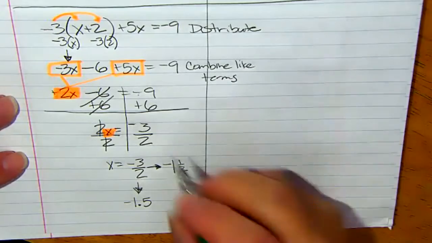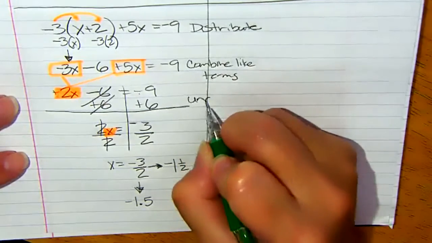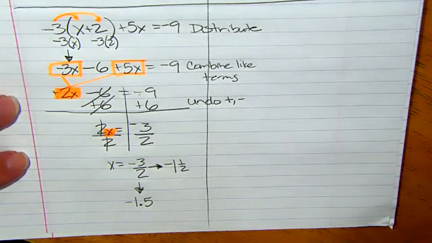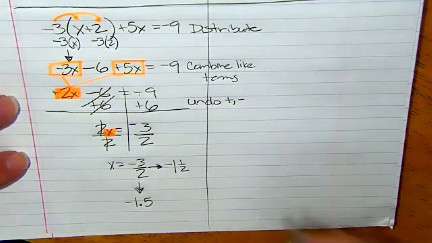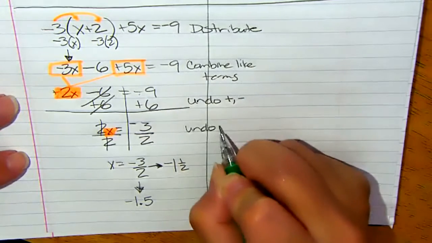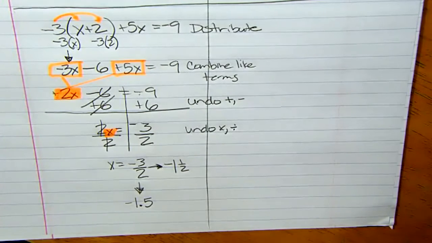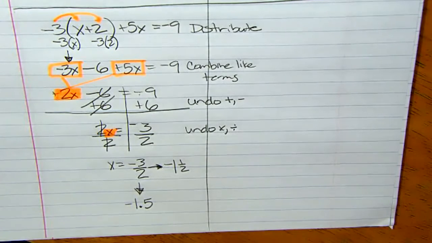After combining like terms, we needed to undo the addition and the subtraction. Then we needed to undo the multiplication and the division. So that is what is going on. Let's do another problem.